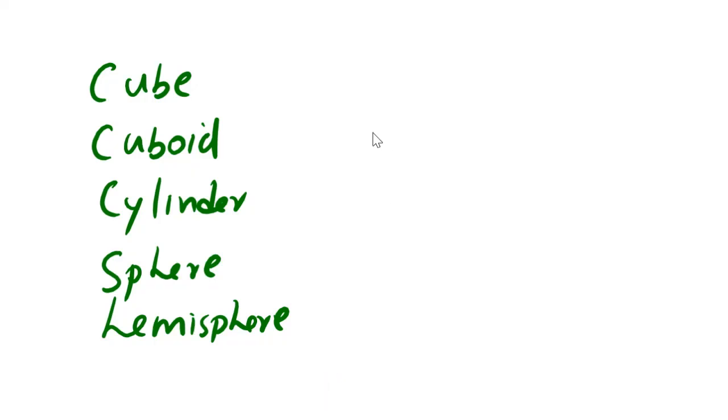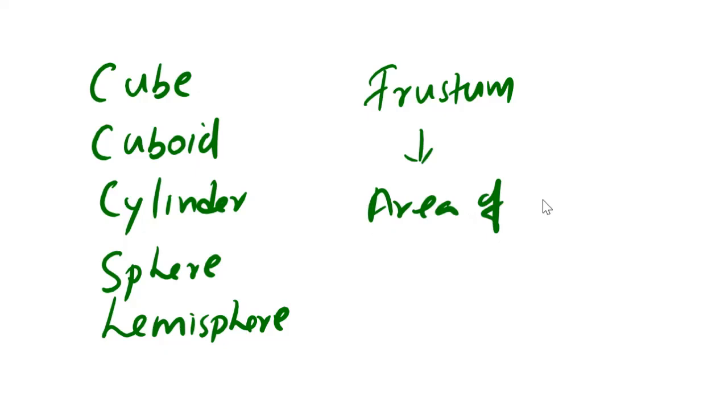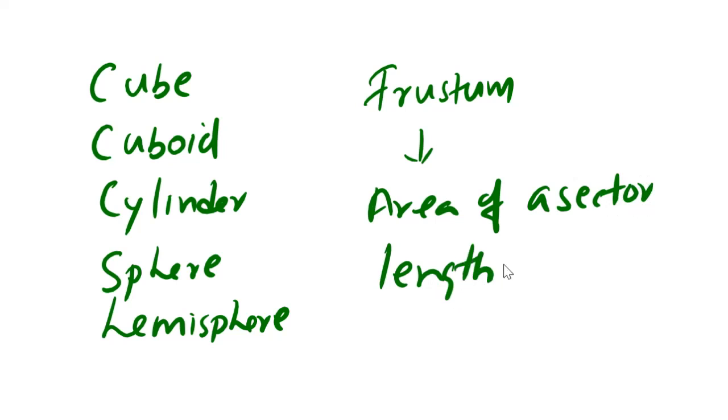Then the new topic which you learned, the concept of frustum, and the just now learned concept of area of a sector, and the same way length of an arc. This is what you studied altogether in this chapter, mensuration.